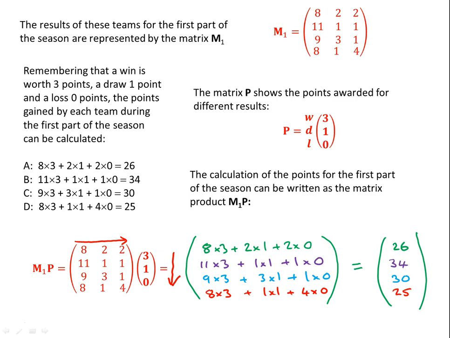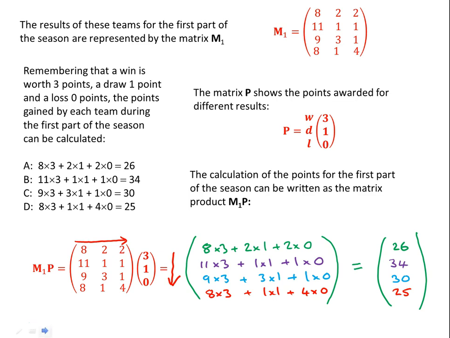So for the first entry it was 8 times 3 plus 2 times 1 plus 2 times 0. For the second entry it was 11 times 3 plus 1 times 1 plus 1 times 0. For the third entry it was 9 times 3 plus 3 times 1 plus 1 times 0, and so on. So we have this pattern of going across the first matrix, down the second matrix.